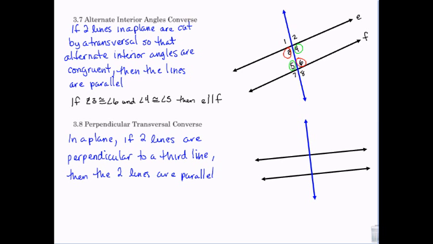What this is telling me is, let's call this one T. If R is perpendicular to T and S is perpendicular to T, then R is perpendicular to S.